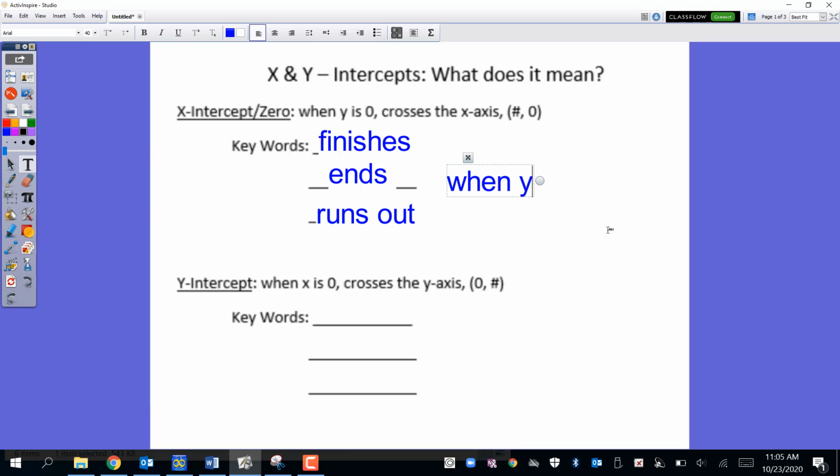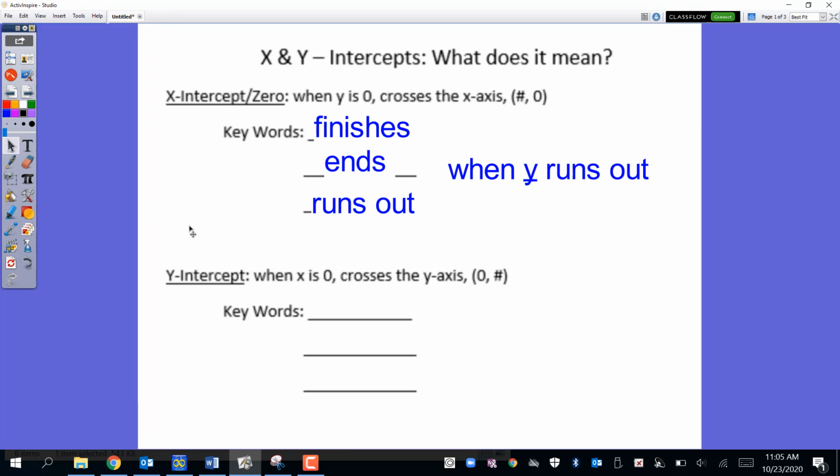When y runs out, or finishes, or ends, or whatever. So whatever they have told you that y represents, it's when that is running out. I know it's the x-intercept, so it's kind of weird, like, why are we talking about y? But that's when the y is 0. 0 is when something is over. So that's x-intercept, or 0 the place.